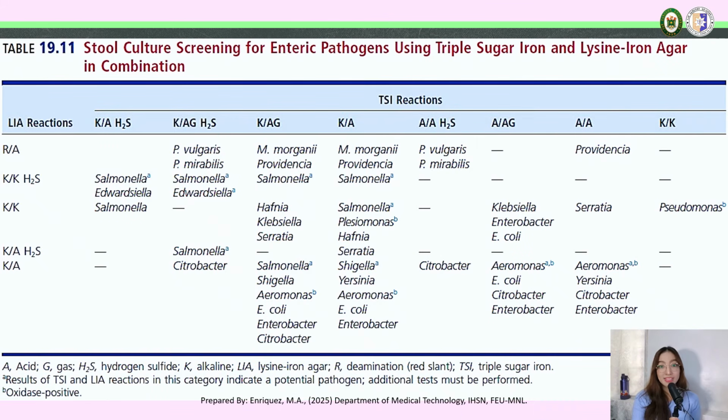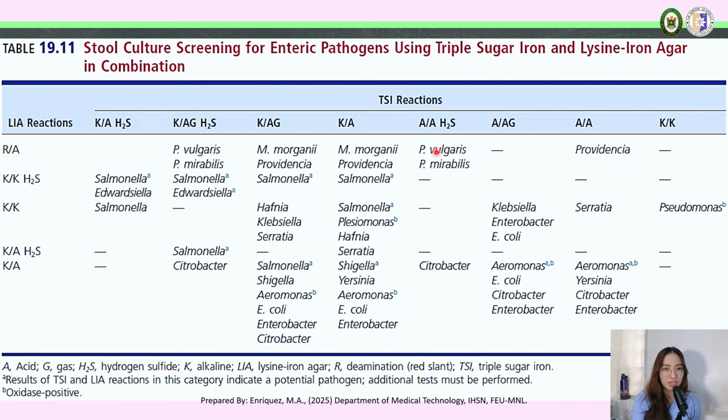On this table, we could see the different TSI and LIA reactions that the different members of Enterobacterales can produce. The problem here is that some organisms fall into two or more different interpretations. So, tignan po natin, for example, yung Proteus vulgaris and Proteus mirabilis, which have been noted to produce A over A and positive for H2S reactions.